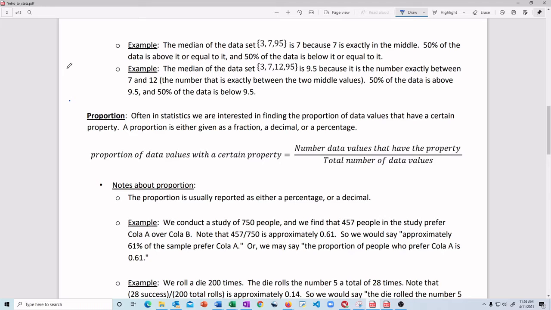It looks like something like a word. So for example, maybe I'm interested in asking people, what's your favorite ice cream flavor? Well, the answers aren't going to be numbers. They're going to be words. Vanilla, chocolate, stuff like that.